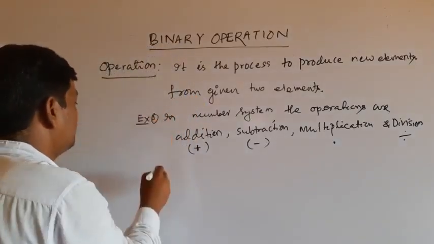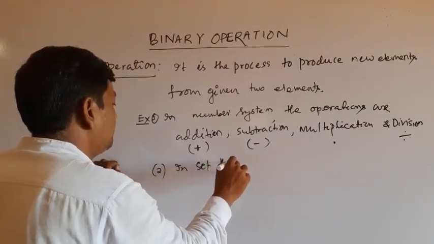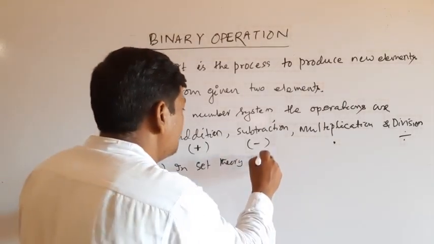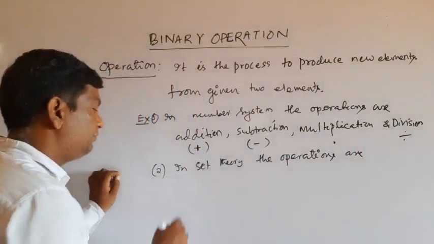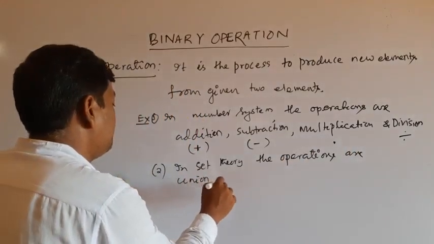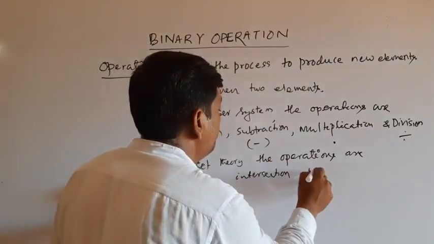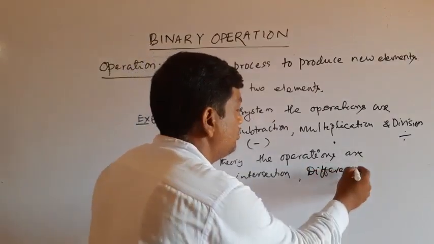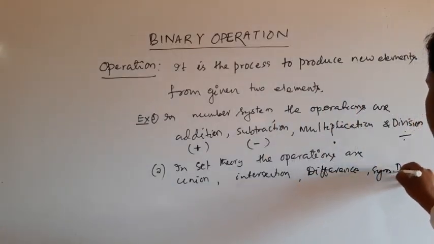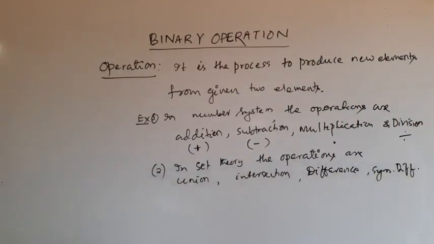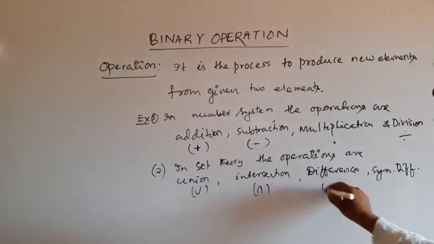In set theory, the operations are union, intersection, difference, symmetric difference, etc. This is the symbol for union, this is for intersection, this is for difference, and this is symmetric difference, delta here.